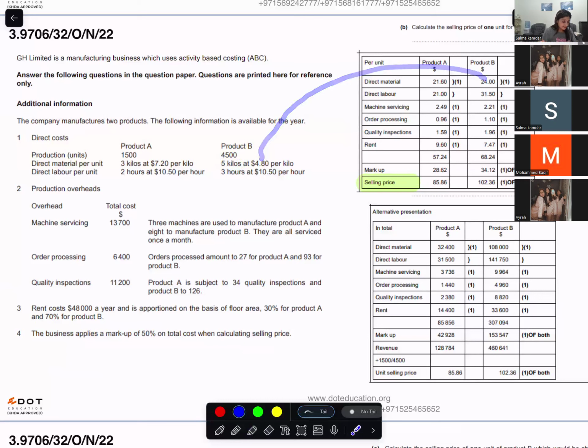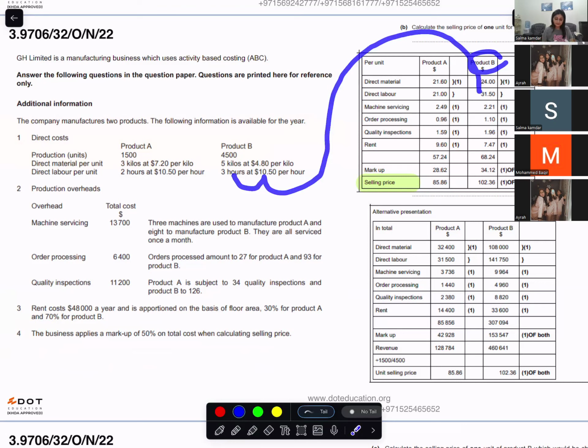Very good. Now, direct labor will be 2 into 10.50, it will be 21. And for product B, you'll do 3 into 10.50, which will be 31.50. Okay, fine.